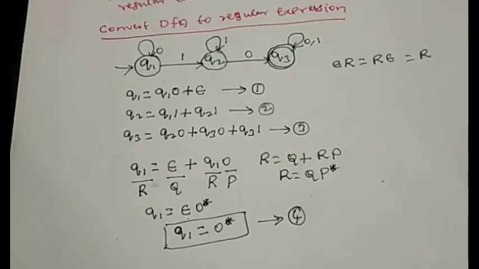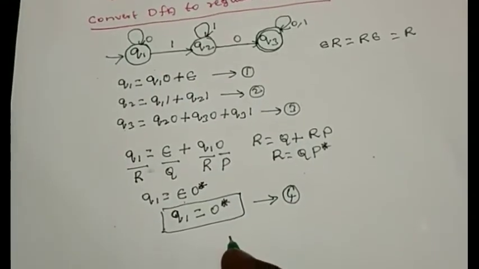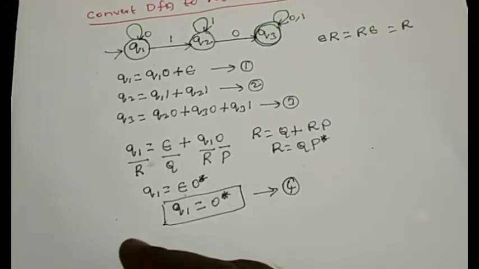Now I know the value of Q1. Now I have to apply this value in Q2, which is equation number 2. So apply equation number 4 in equation number 2.